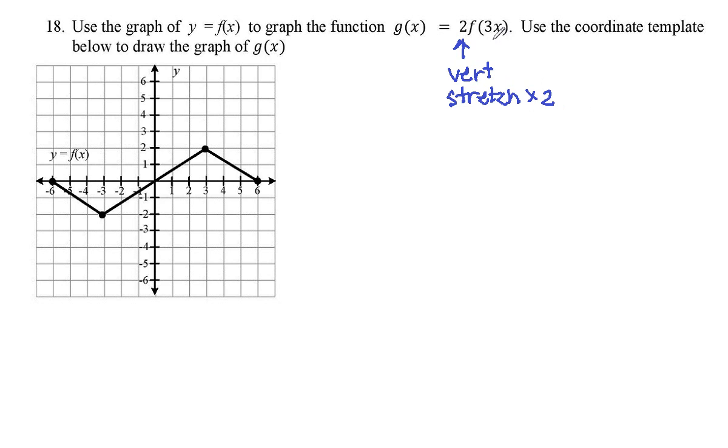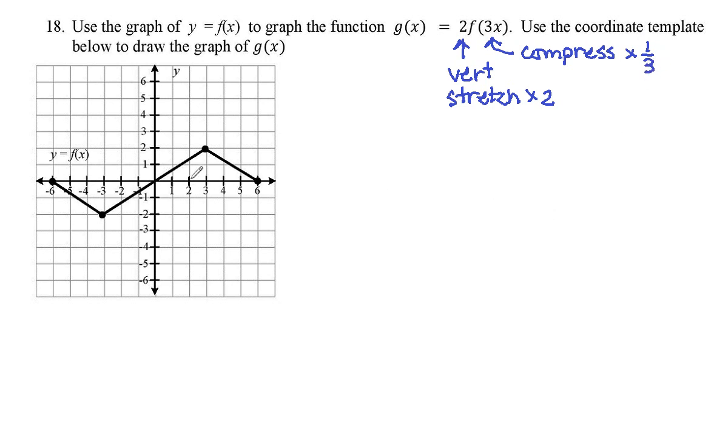And then on the inside, remember the inside's a liar, so it does the opposite of what you think. You're multiplying x by 3, so you're thinking, oh, that's going to stretch, but it's not. It compresses by a factor of 3. Okay, so it compresses times 1/3, so it's only 1/3 as wide.